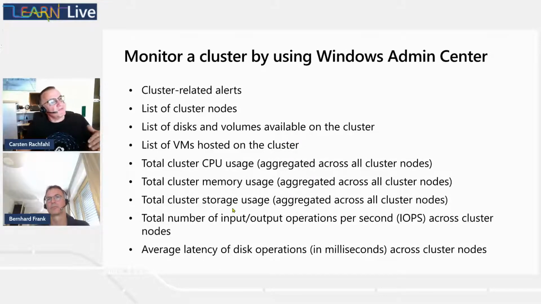We can deep dive into single things like VMs and see all this information. The cluster storage usage, total number of IOs. So how many IO operations are your VMs doing? Are they increasing? Are they decreasing over time? We also have some nice statistics here. Average latency of disks in milliseconds. So all great stuff.